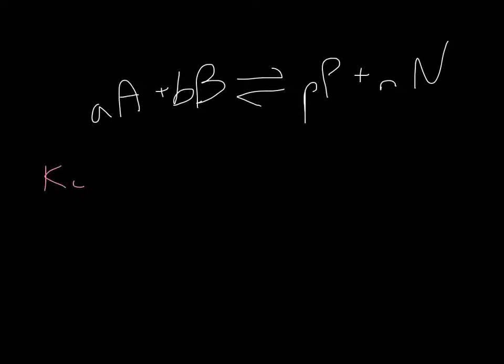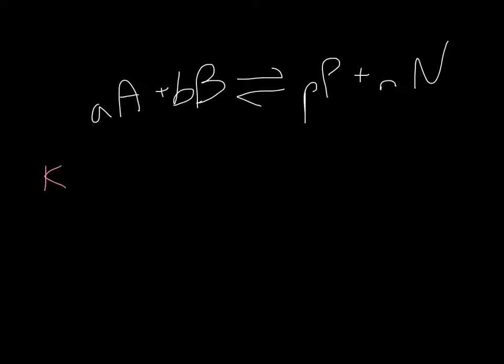It depends, but usually it's just K. You'll see later ones like Kp or Ka, Kf, Kb, Kd. This is all other stuff, like Ksp is the equilibrium constant for a solubility product. So don't worry about it for now. All you need to know is K or Kc.